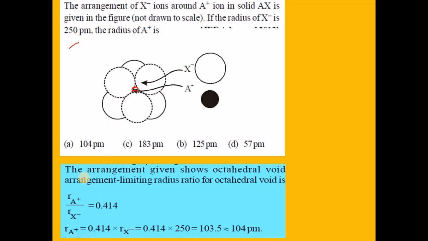The limiting radius ratio of the octahedral void is R cation by R anion equals 0.414. If you substitute the radius of the anion X minus multiplied by 0.414, we got 104. Approximately 104, exactly it is 103.5. Very close to our option A. So A option is the right option.